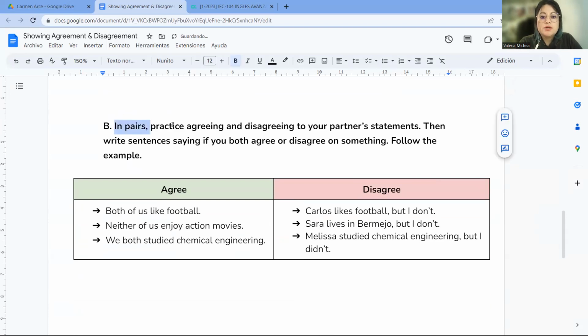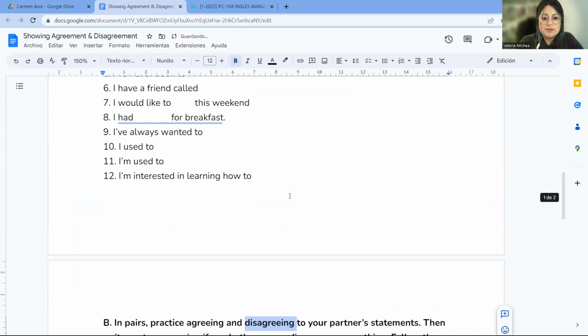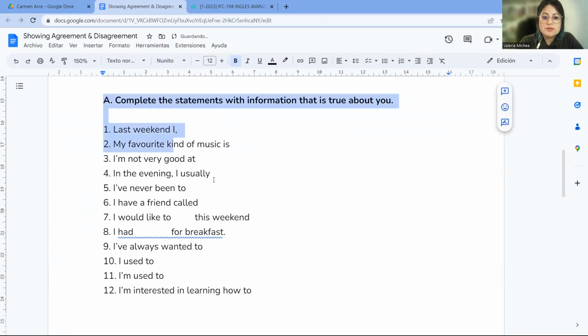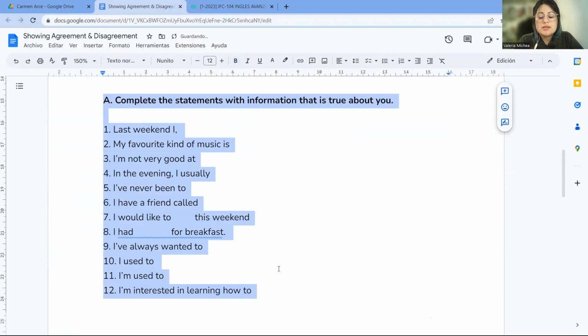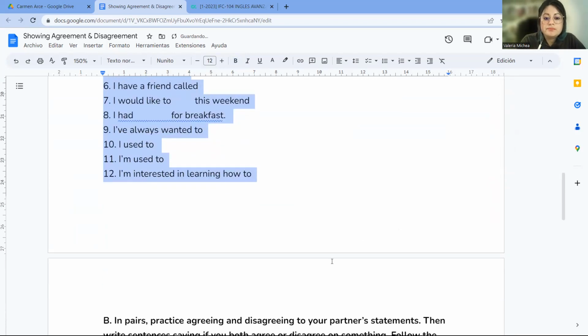In pairs, you are going to practice agreeing and disagreeing to your partner's statements. My partner is going to read their statements, and I'm going to agree or disagree, depending on the truth about me. All right.